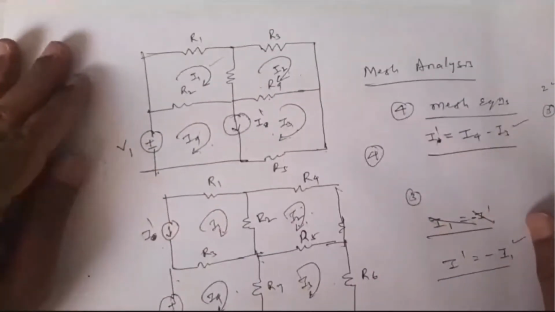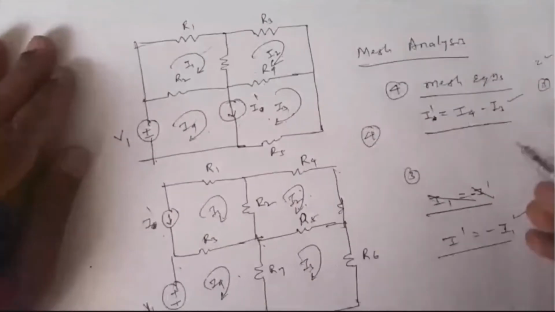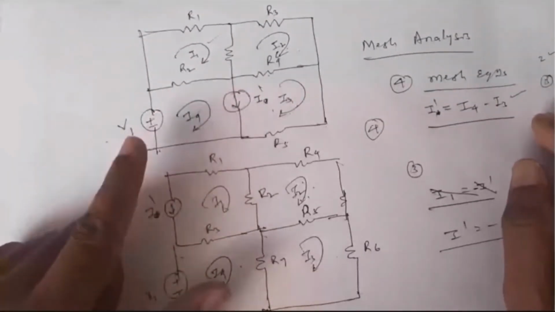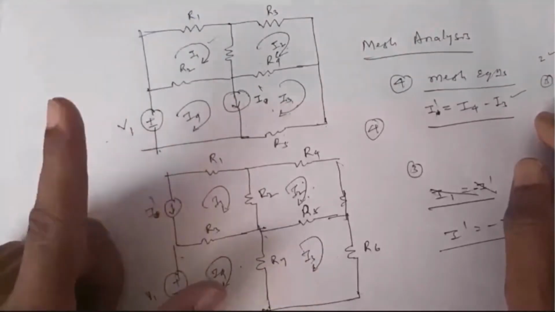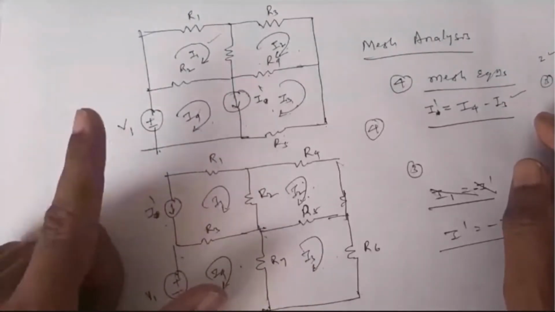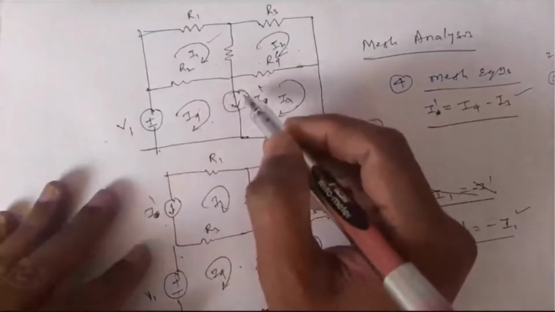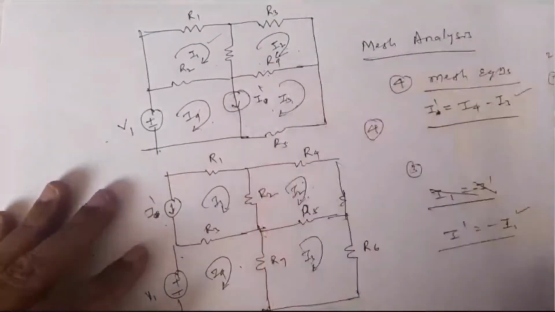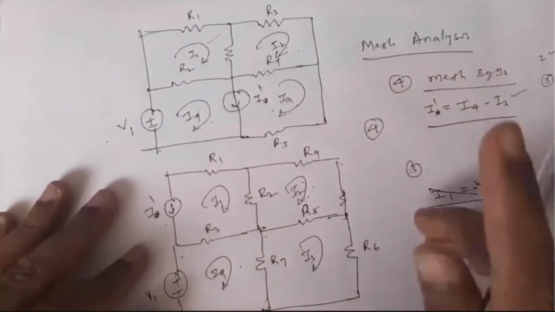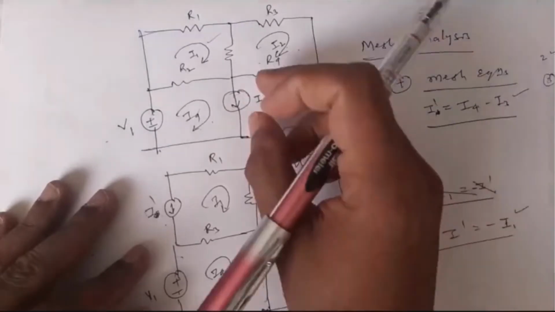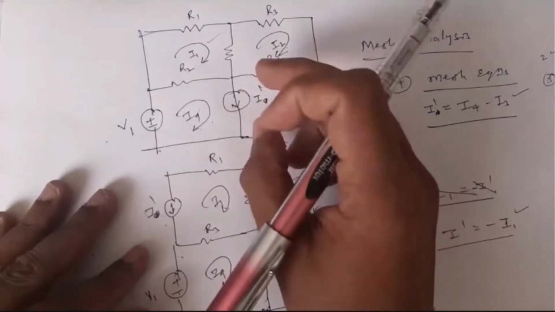There are actually two methods, dear students, to solve such a network. One method we have already discussed in the previous video. We consider some unknown voltage across a current source. If you remember, in one of the previous numericals, I considered some voltage VA across a current source.